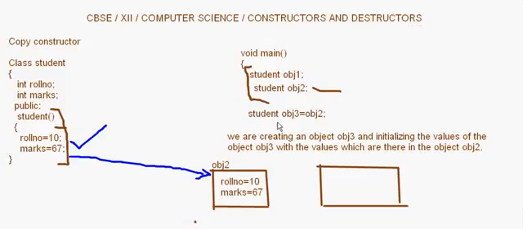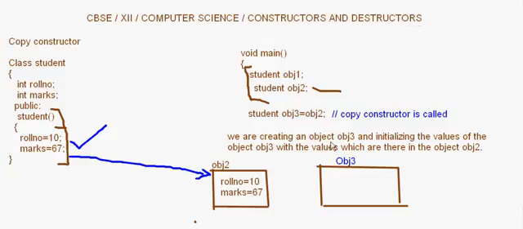Now look at this statement, it says student obj3 is equal to obj2. So this is the object obj3. Now obj3 is equal to obj2 means it is copying the values which are there in the object obj2, right? So here this is where the copy constructor is called. I am copying one object into another.